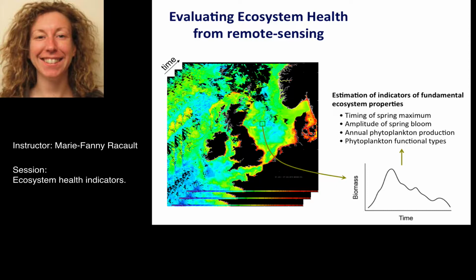I think maybe tomorrow you will hear about the initial slope of the light saturation curve, assimilation number, and you will hear more about the carbon indicators as well in the next few days. And I will also briefly mention, as we've mentioned this morning, phytoplankton functional types, and the delineation of biogeochemical provinces. I will touch upon it in some of the slides.